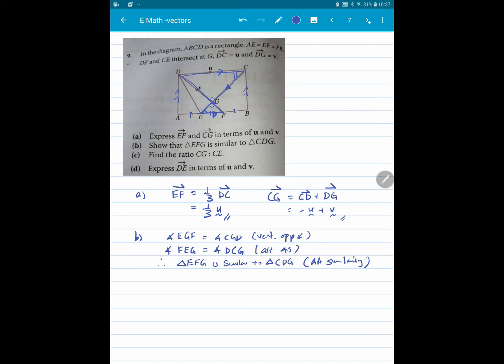The next part, C. We're going to express the ratio of CG to CE. I'm going to find a numerical ratio for that.